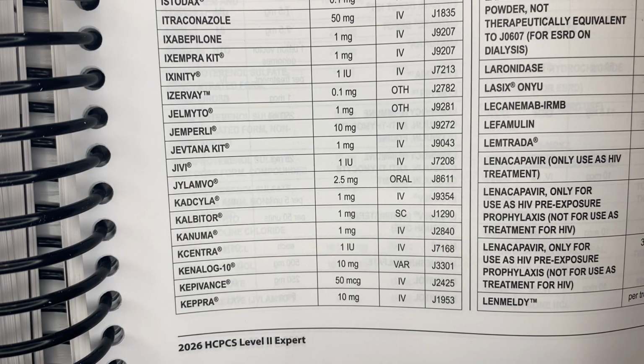We divide 40 milligrams by the 10 milligrams per unit, which equals 4 units. So we will bill 4 units of the J3301. So it'll be the Kenalog, 10 milligrams, J3301 times 4.